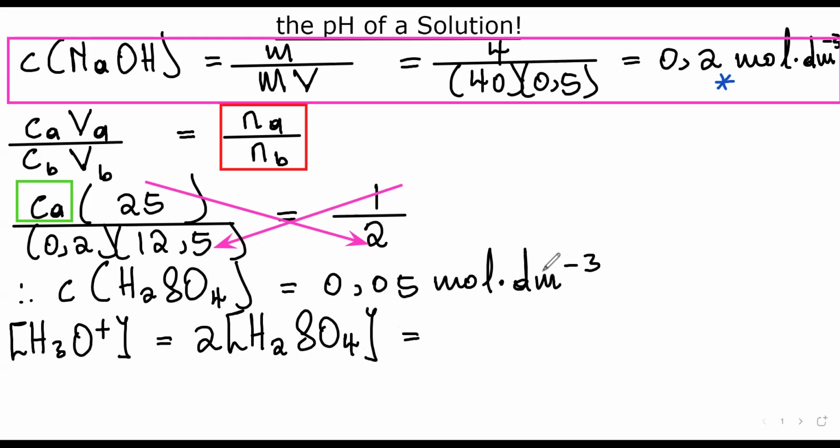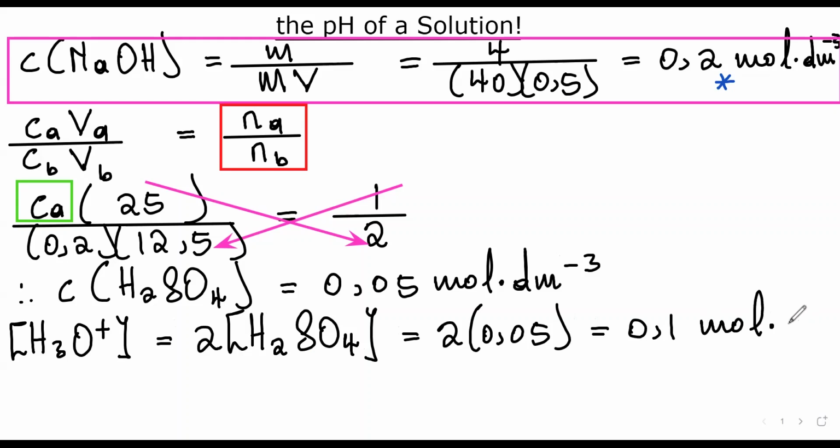Because of that reason, we are going to have twice as much as 0.05. And when we times this by 2, we get 0.1 mole per cubic decimeter.